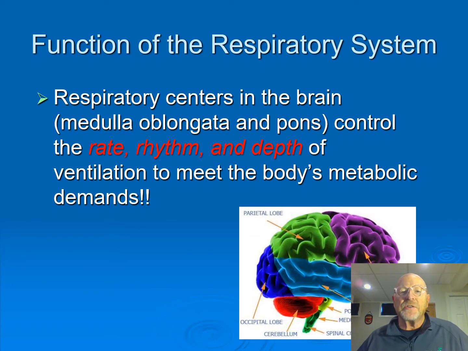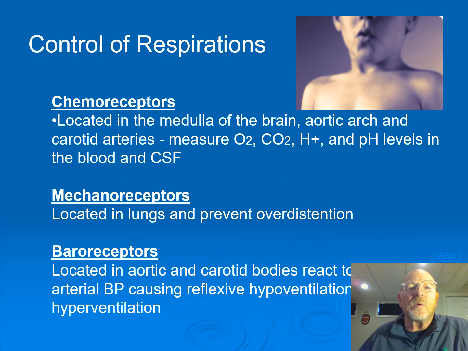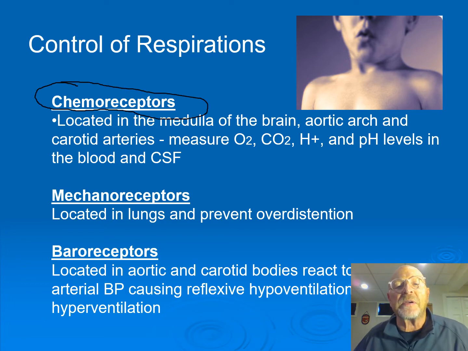So the brain, as I mentioned earlier, is going to determine the actual rate, rhythm, and depth of every respiration on every patient. And how does it determine that? It's basically trying to meet all of the body's metabolic demands from a respiratory standpoint. The brain determines the rate, rhythm, and depth of respirations by analyzing data that is continuously sent to it through chemoreceptors strategically placed throughout the body.